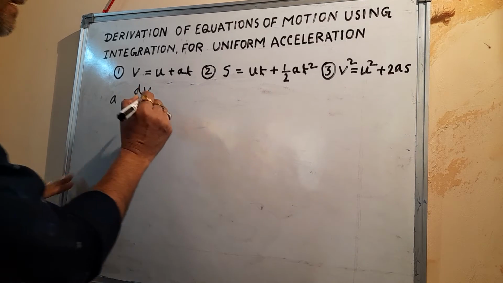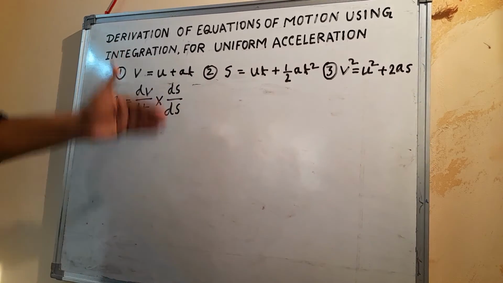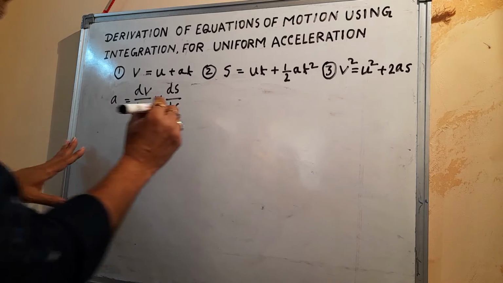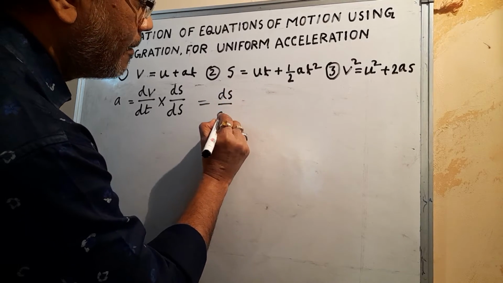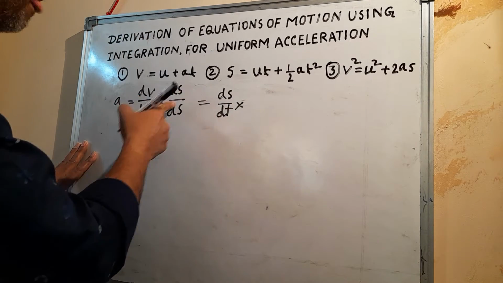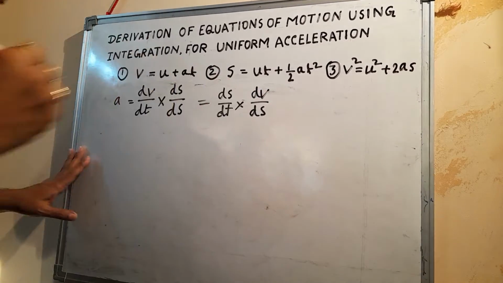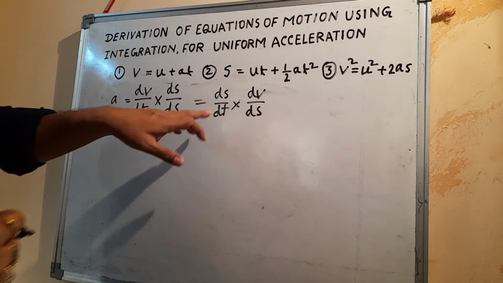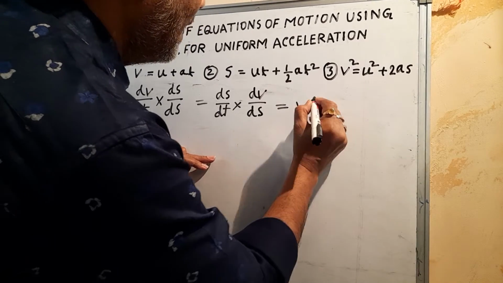Now we can write this in this way: multiply and divide by ds, so a equals ds by dt into dv by ds. We know ds by dt is equal to v.